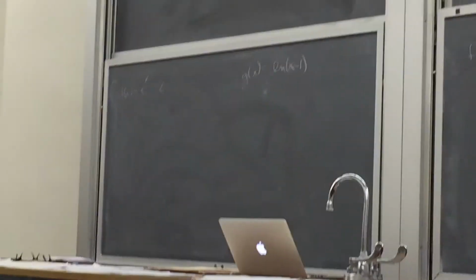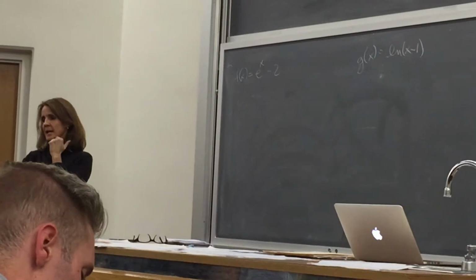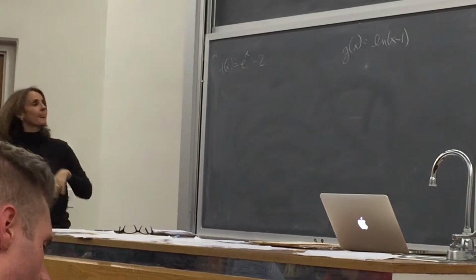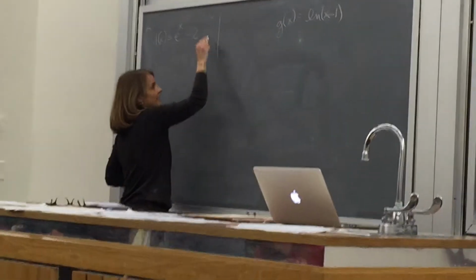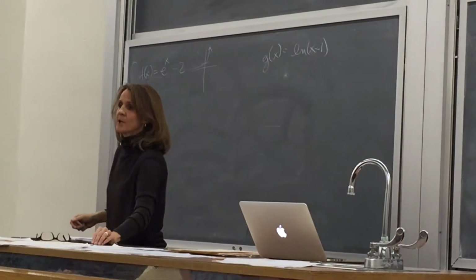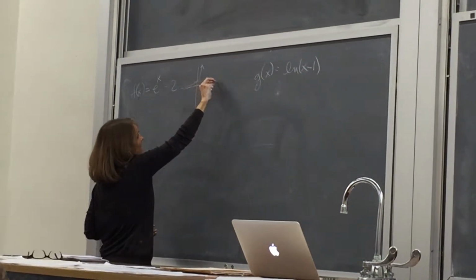Okay. Simple, straightforward transformations. e to the x. I would start out with the parent graph, e to the x. If you cannot remember e to the x, just do 2 to the x, right? So I know that e to the x is that picture. I know that the asymptote is at y equals 0.